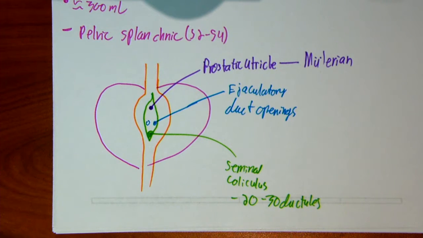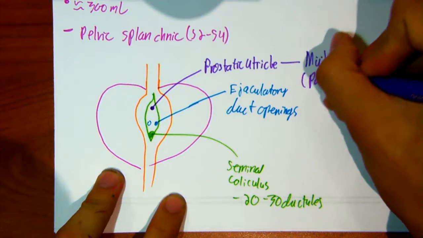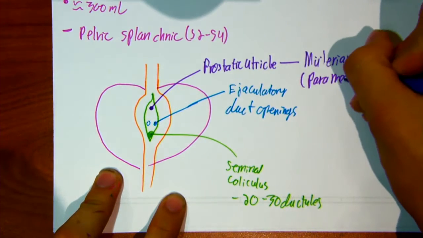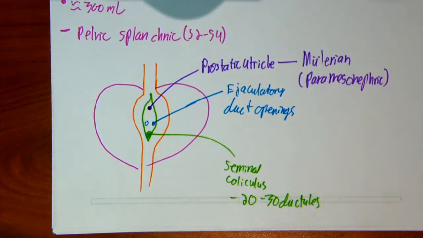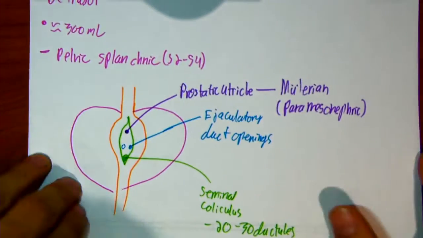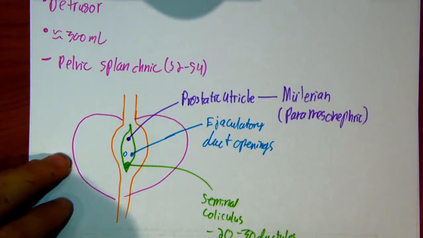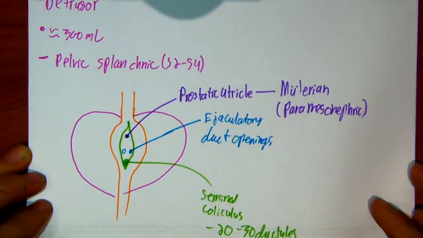Mullerian can go by another name. Do you guys remember what it was? Paramesonephric. Do you guys all agree? All right, good. So we discussed the male urethra a little bit right here.